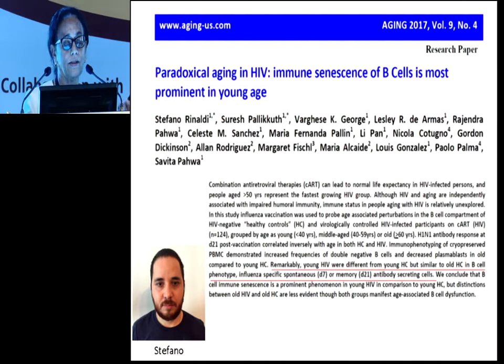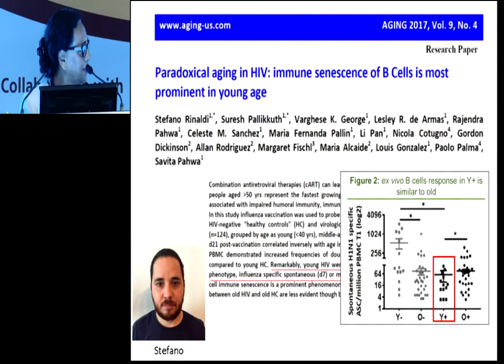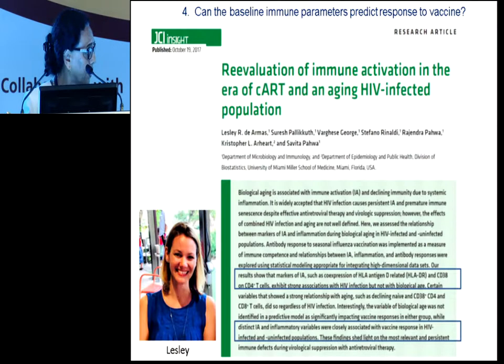Again, the young HIV positive are very similar to old HIV negative. In a 1-week antibody response, HIV positive young individuals are very similar to old negative and old positive, and very different from the young negative.